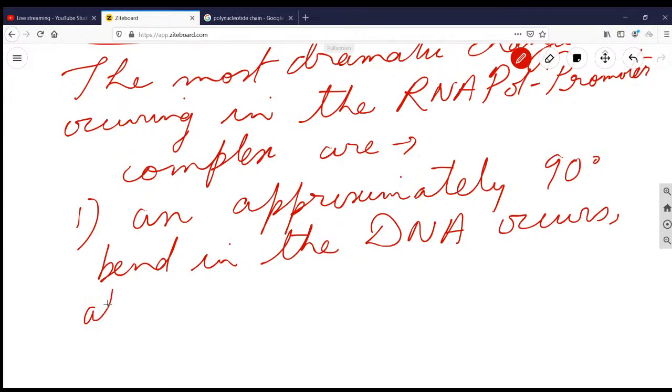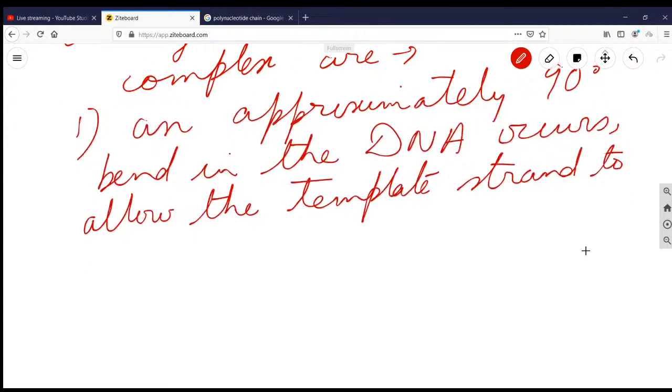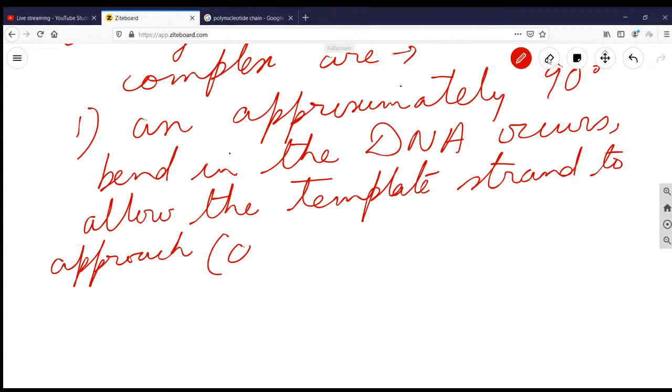Okay, it will allow the template DNA strand to approach or be proximal to the active site. Proximal means very very close. Distal means far.